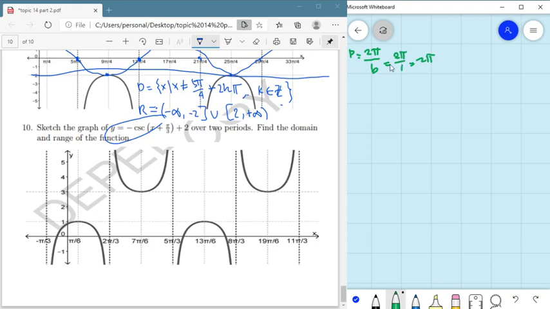Okay. And then we are going to start from negative pi over 3, and end at 2 pi minus pi over 3. So it will be 6 pi minus pi over 3. The answer is 5 pi over 3. So the interval runs from negative pi over 3 to 5 pi over 3.